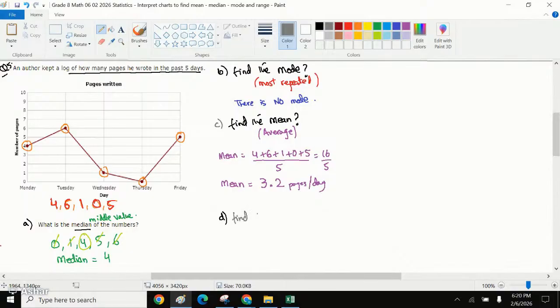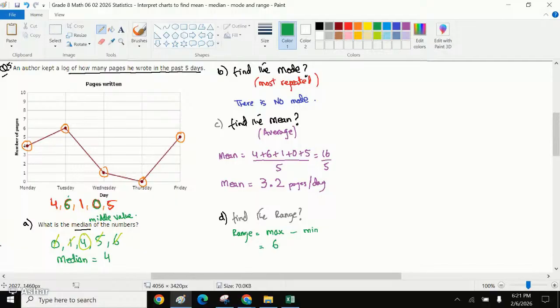Find the range. Whenever we need to find the range, we know that range is always the maximum score minus the minimum score or value. So what was the maximum over here? 6 was the maximum, 0 is the minimum.